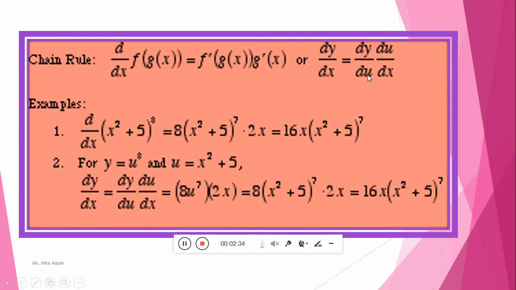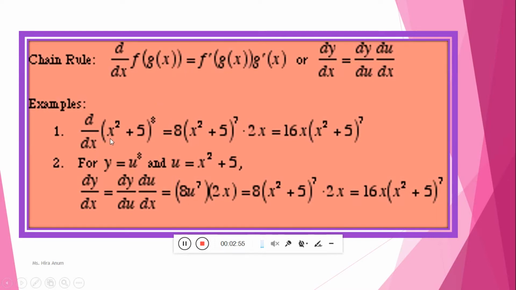We have an example so this formula will become clear. If we have y equals 1 plus u, it will be discussed on the next slide. First of all, we mostly use this formula, so we will discuss this.